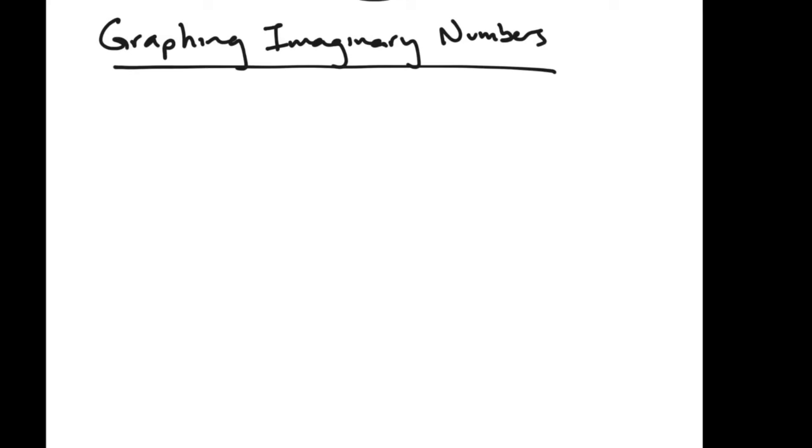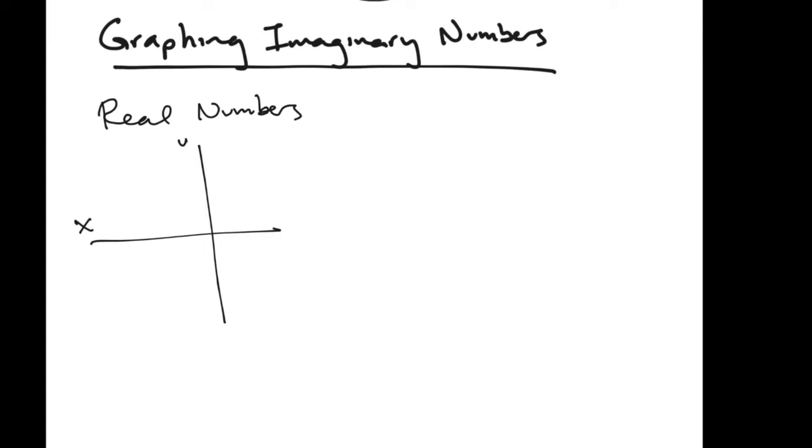The lesson is on graphing imaginary numbers. I know many of you don't like graphing, but this graphing is actually going to be a lot simpler than you think. In all the math you have done before, we have the real numbers, and that's defined on the coordinate axis where we usually have x and y.